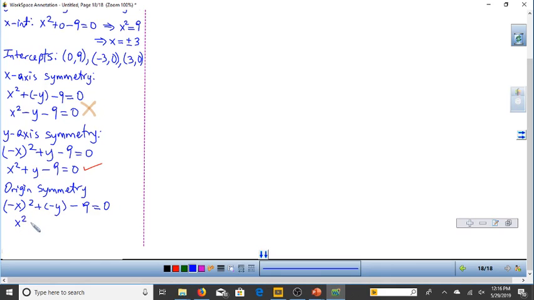The negative x squared is just x squared, and when you add a negative y, it's like subtracting y. That is not the same as the original equation, so we only have y-axis symmetry.